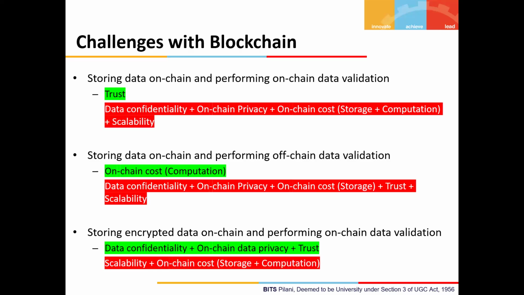So in that way, we can achieve data confidentiality, data privacy, and trust, but it incurs a very high cost because of the storage and computation and homomorphic properties. Homomorphic encryption.